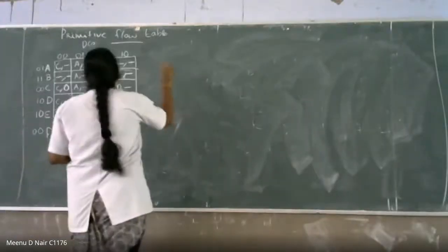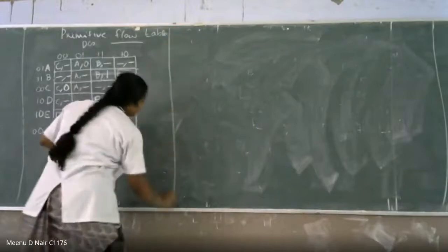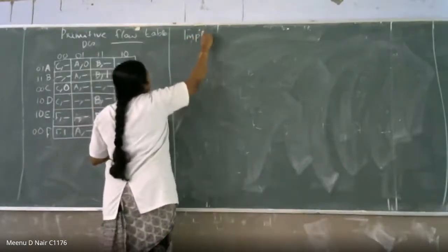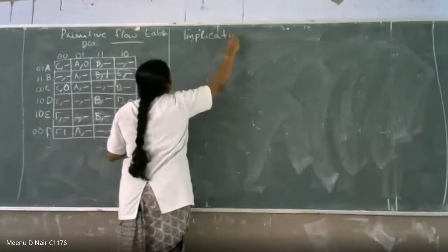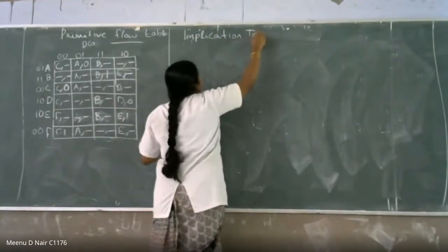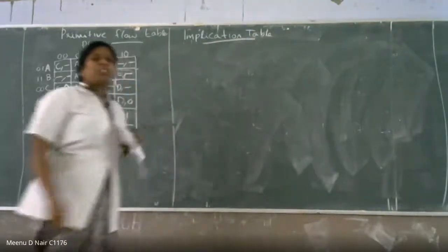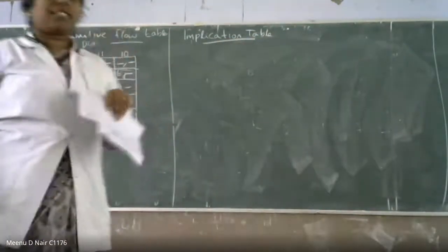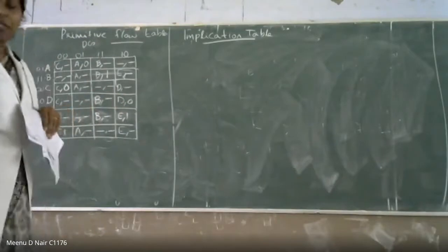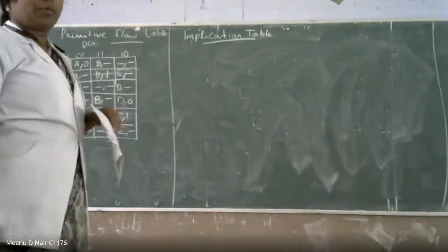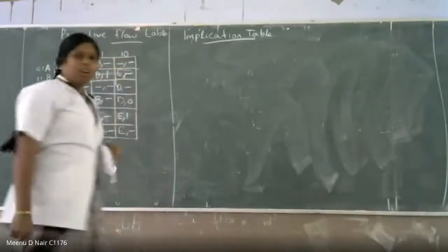Okay. Yeah. This was the primitive flow table. Next one is the implication table. For the design of an asynchronous sequential circuit, if you get a choice, just go to the choice question. It will take a long time.